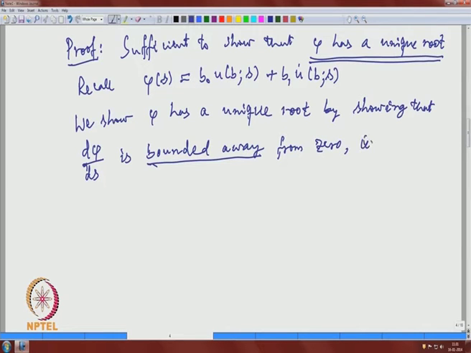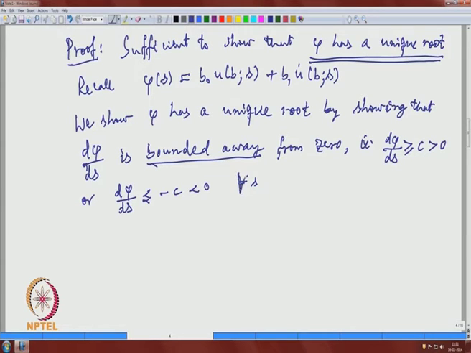That is d phi by ds is bigger than or equal to c positive, or d phi by ds less than or equal to minus c strictly less than 0 for all s. So, either for all s it stays positive or it stays negative.